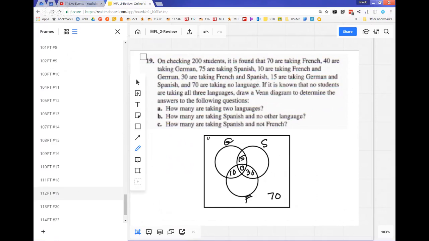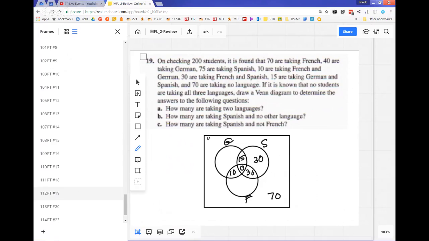75 are taking Spanish. So currently, what do we have in the Spanish circle? 45. That's correct. Spanish was 75, so if we already have 45, we should need 30 more to make it 75.